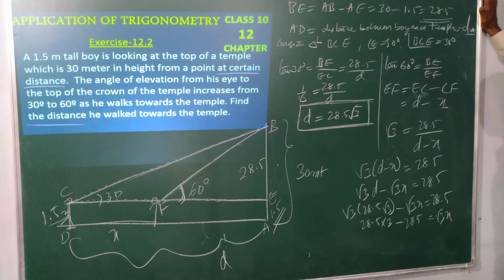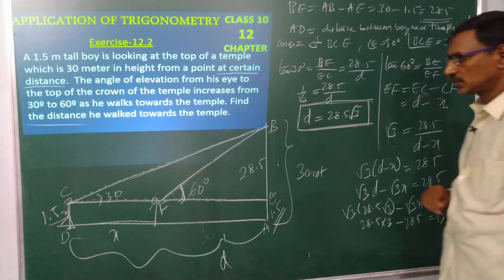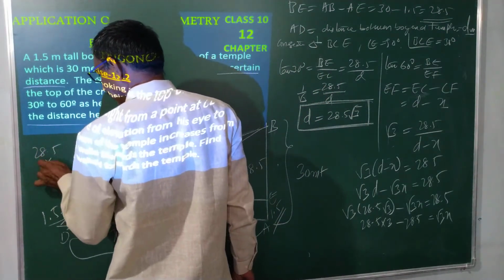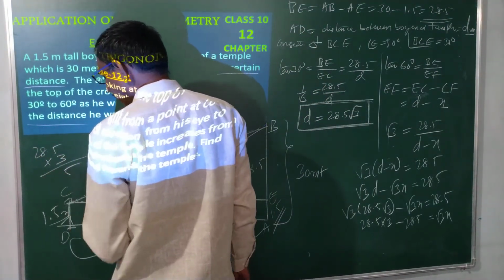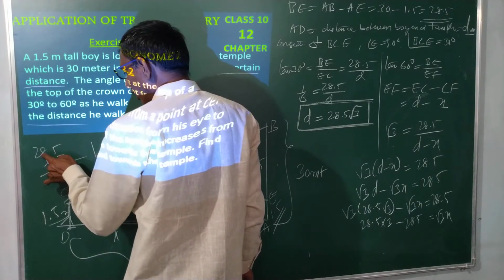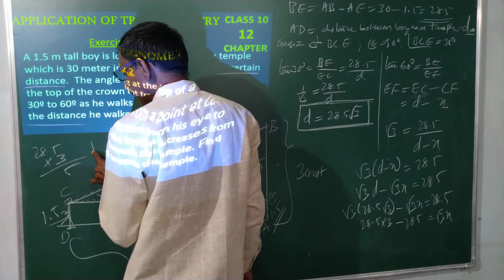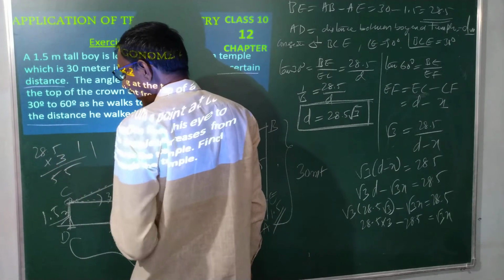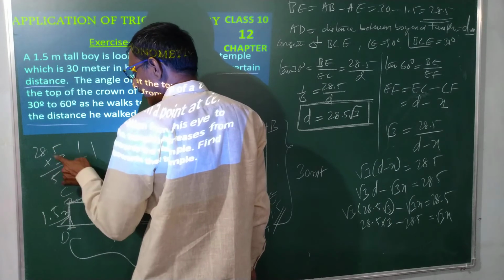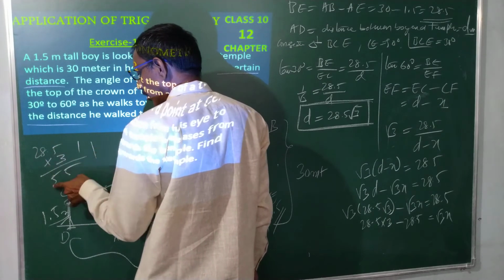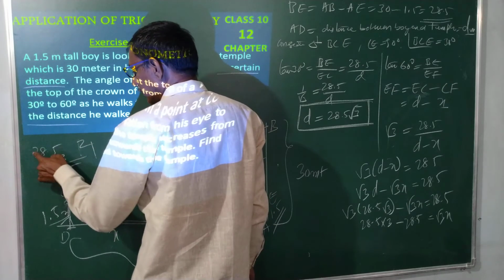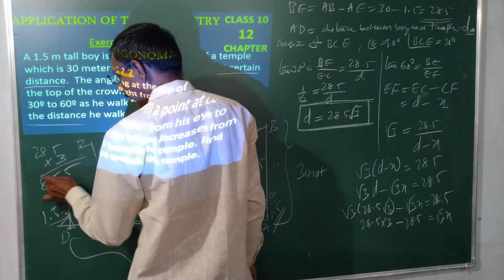Calculating 28.5 into 3: 3 fives are 15, 8 threes are 24, 24 plus 1 is 25, 2 threes are 6, 6 plus 2 is 8.